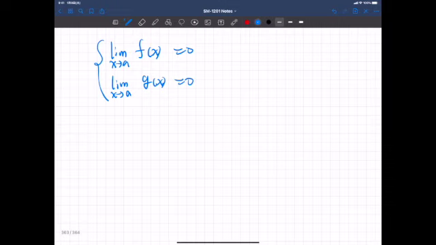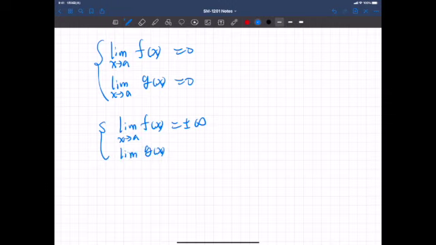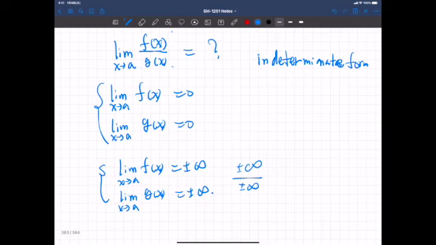More generally, we might have cases where f(x) diverges to infinity or negative infinity, and at the same time g(x) also diverges. So in this case, we have something like positive or negative infinity over positive or negative infinity. Let's consider only positive infinity for simplicity.